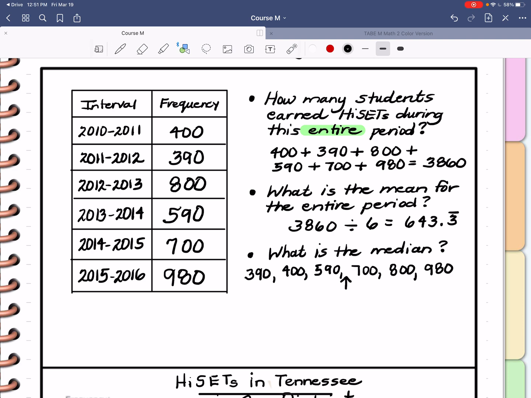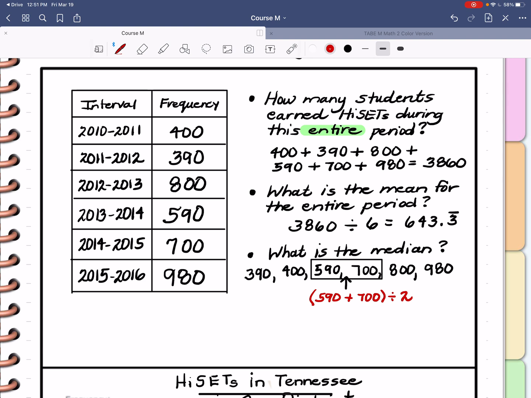We need to do a little work on this one. It is somewhere between those two values. So here's what you do. 590 plus 700 divided by 2, because there are 2 numbers in that box.